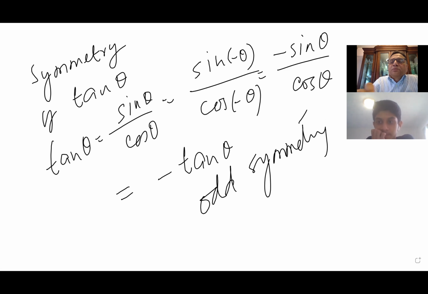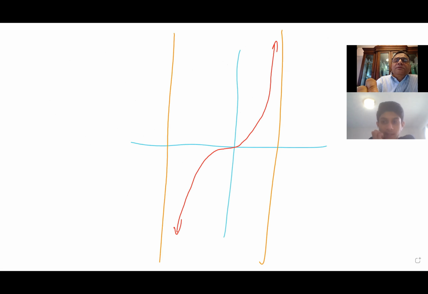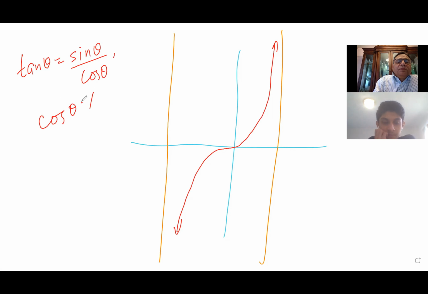Now let's also explore tan further, because I find that students are not very clear about the tangent function. The graph of the tan function looks like this. It has vertical asymptotes when cos theta is 0, because the denominator is cos theta, and cos theta cannot be equal to 0.